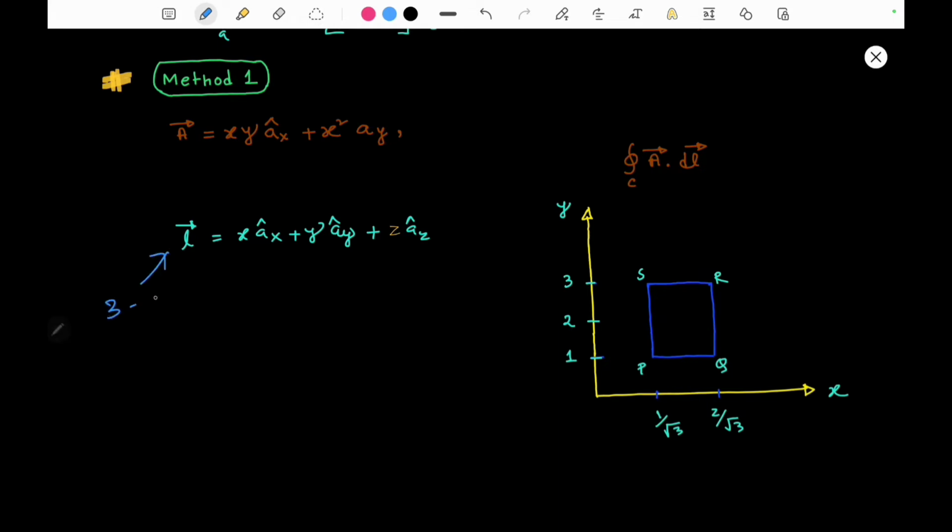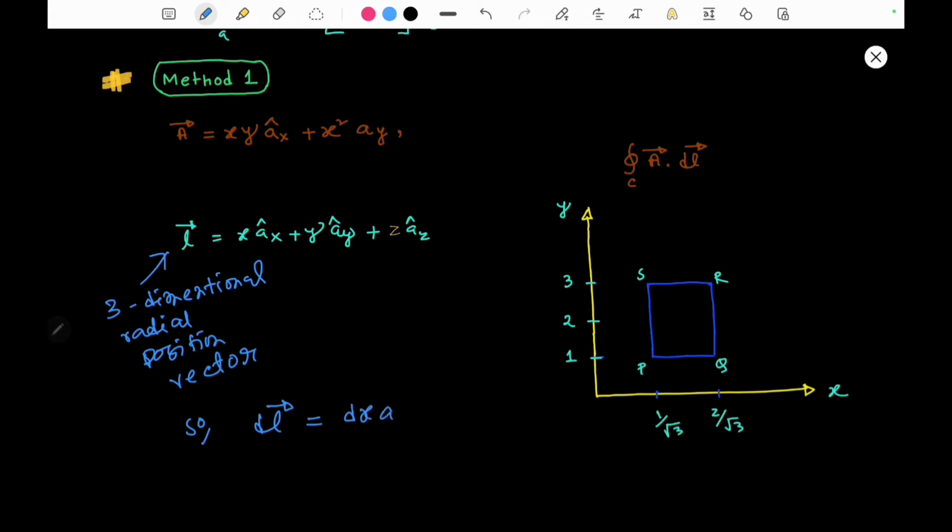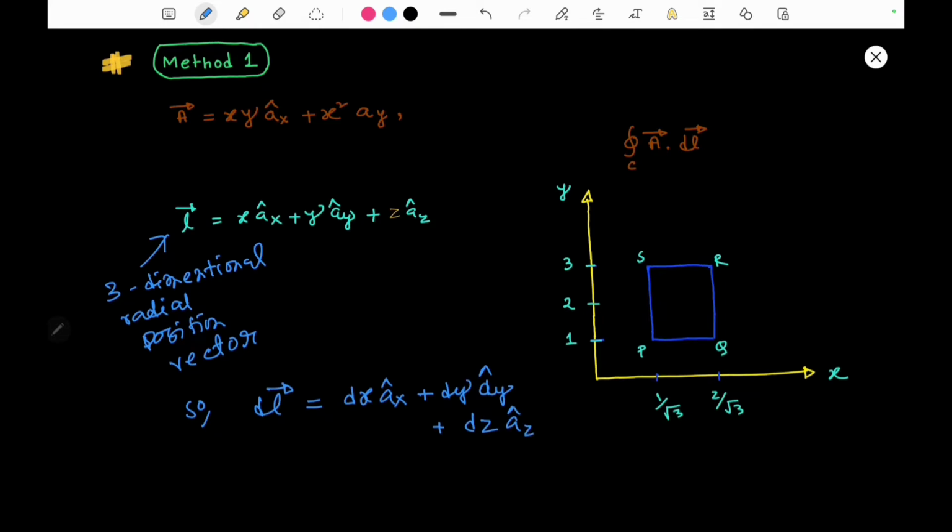This is the three-dimensional radial position vector. So dl vector will be dx ax cap plus dy ay cap plus dz az cap.